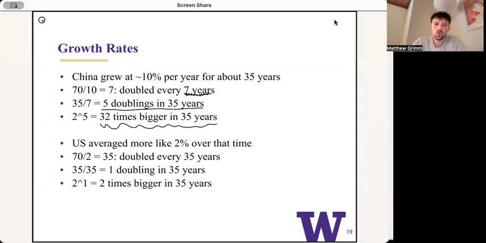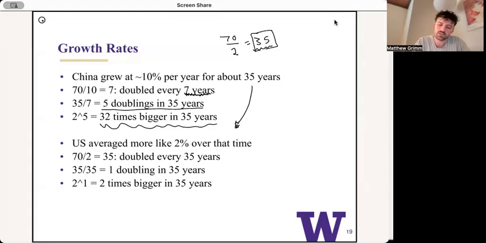Okay, so let's look more closely at the United States and actually go through this exercise. The United States averaged more like 2% over that time. The time again is 35 years. So using the rule of 70, I'm going to take 70 divided by the growth rate of 2, and that gives us 35.